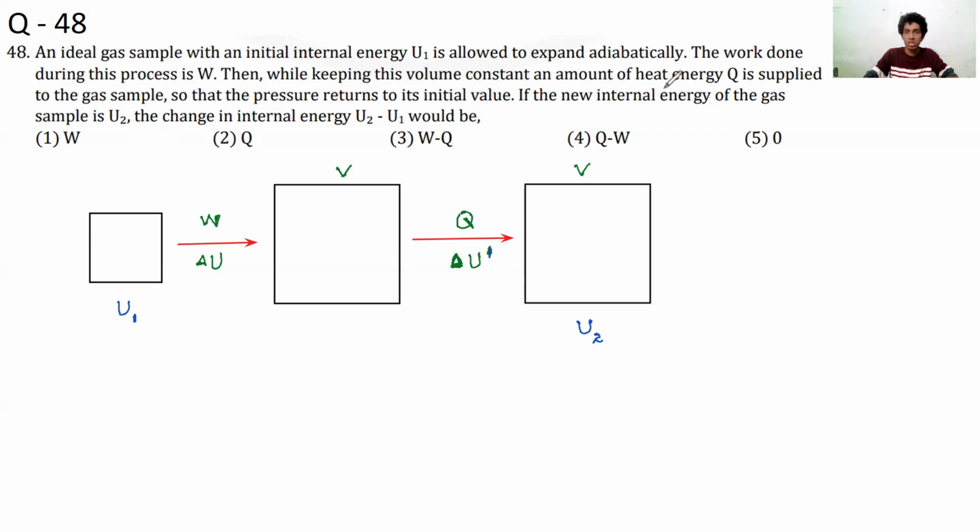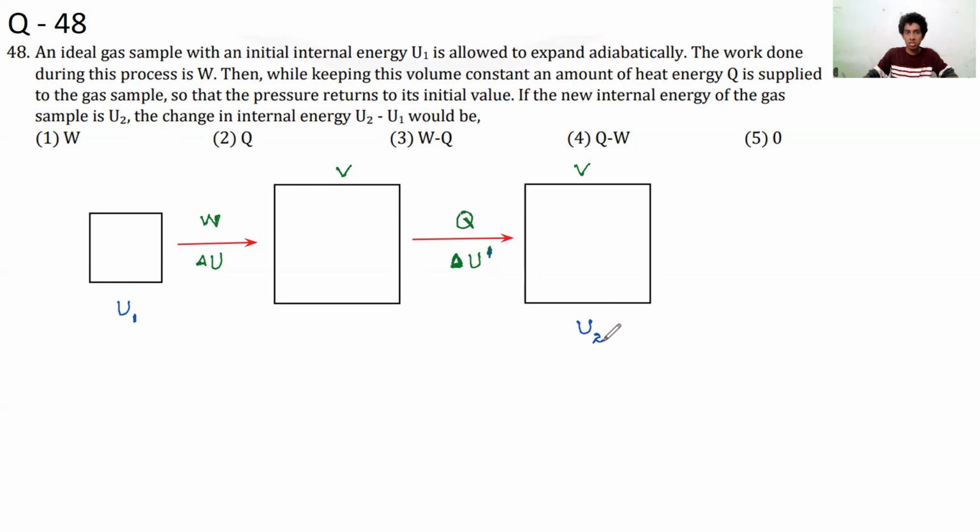If the new internal energy of the gas sample is U2, the change in internal energy U2 minus U1 would be. So this is the first instance, this is the second instance, and this is the third instance. So here there are two processes. This is the first process and this is the second process. So the initial internal energy is U1 and the final internal energy is U2.